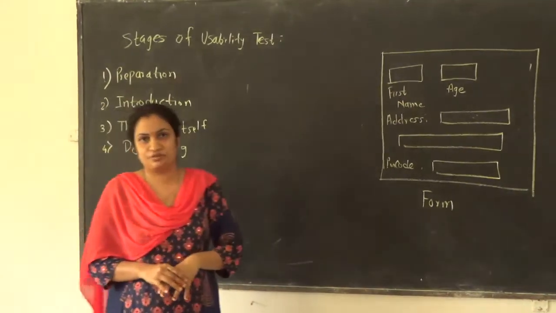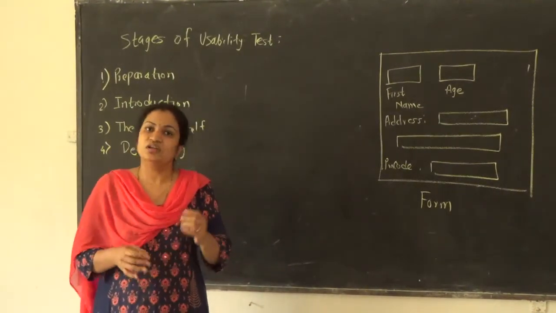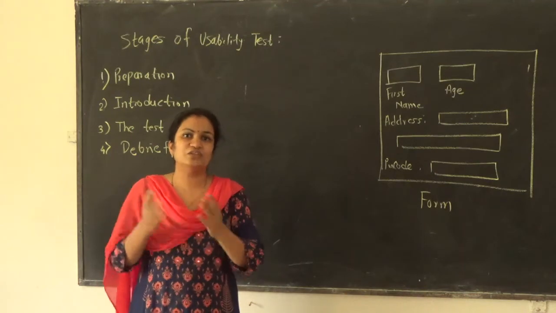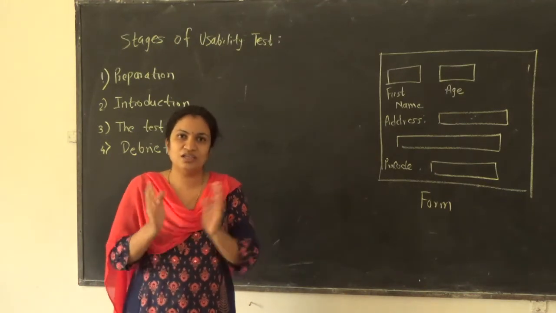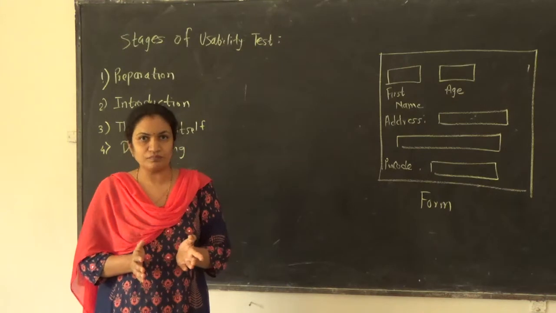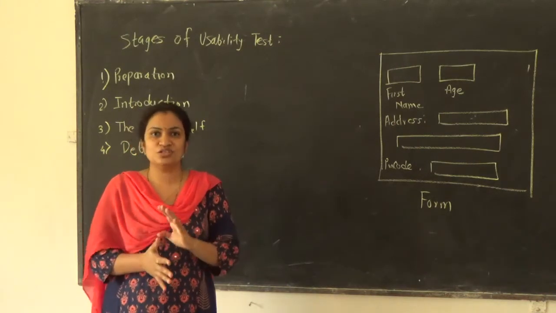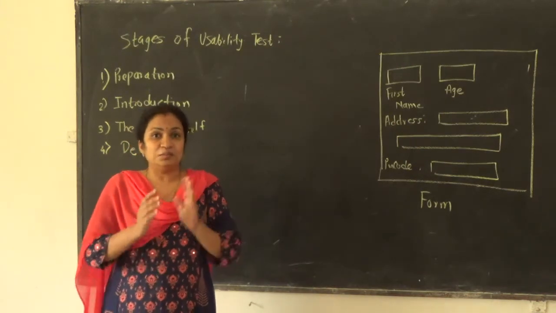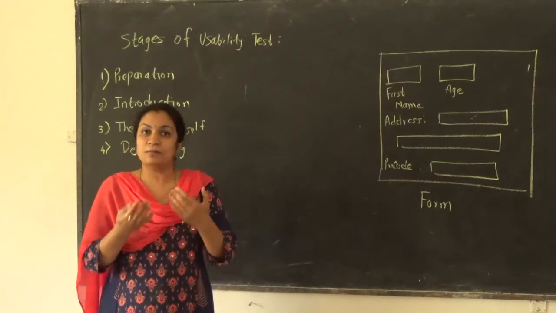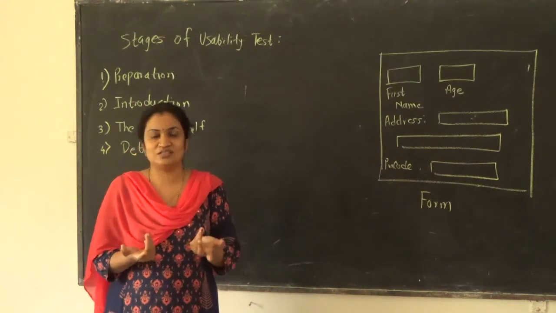Then comes the introduction. In the introduction, the experimenter first welcomes the user. So you can imagine now the user comes into the picture. Now the user is going to test your system. Remember that I want to test my system and I am not going to test the user.